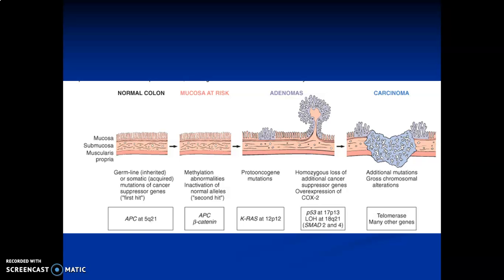The main alteration is APC gene mutation, a germline or somatic mutation of the tumor suppressor gene APC at chromosome number 5.